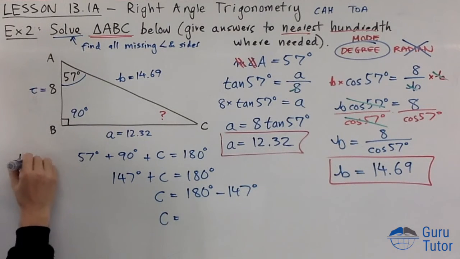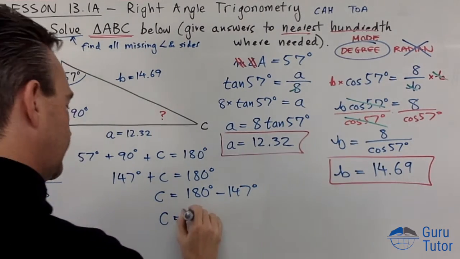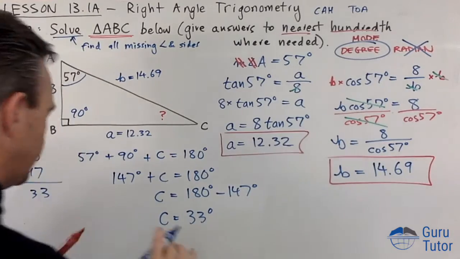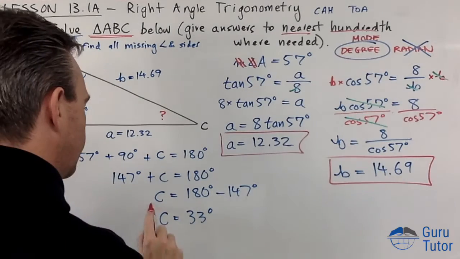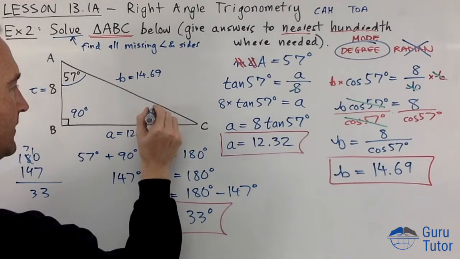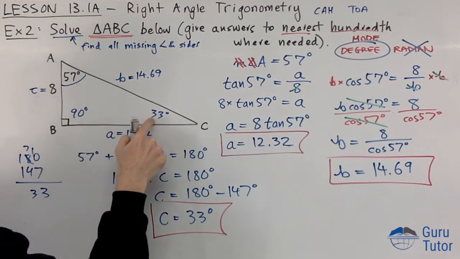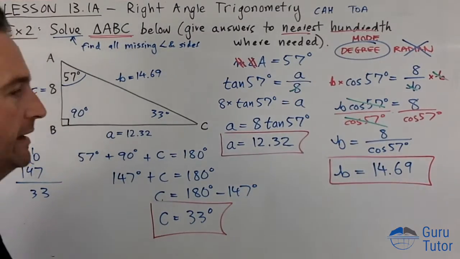What's that? 33 degrees. Okay, and that is all the unknown sides and angles for that question, which means that the triangle has been solved, everything here, 33 degrees. So you can check that. That plus that equals 90, plus another 90 gives 180.